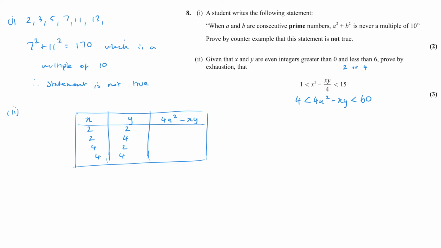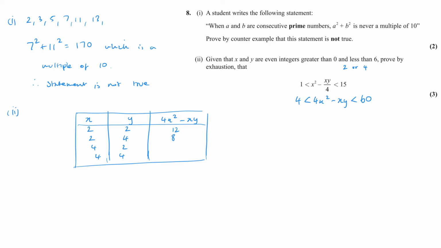So now it's just a matter of putting these values in. So 4x squared, so 4 times 2 squared minus 2 times 2. So this is 12. 4 times 2 squared minus 2 times 4 is 8.